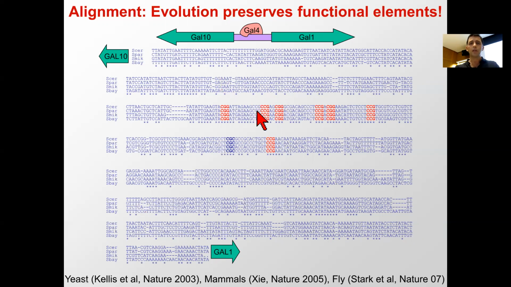So you can see here an actual alignment from that paper and from my thesis, which looks at 4 species of yeast, Saccharomyces cerevisiae, Paradoxus, Mikatae, and Bayanus, which are approximately the distances of human and mouse for the 2 furthest species, and the specific nucleotides in each of the species between the genes GAL1 and GAL10.